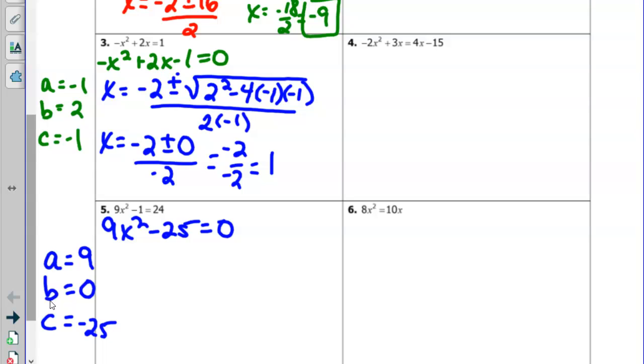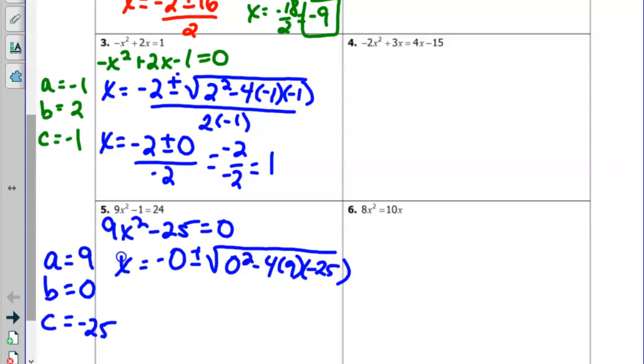Alright, so now we're going to put it into the quadratic formula. So x is equal to -b plus or minus the square root of b squared minus 4ac, all over 2a. I'll write down 0 because negative 0 really bothers me.